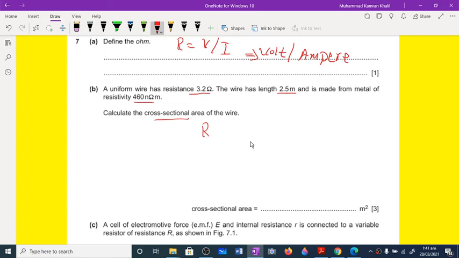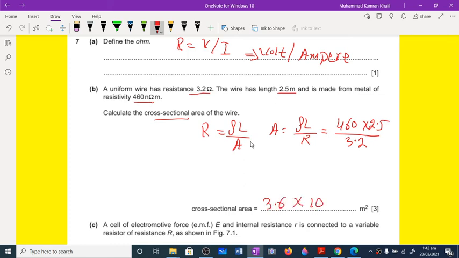Formula: R equal to rho L over A. So A equals rho L over R. Substitute the values: 460 into 2.5 upon the value of R, which is 3.2, and at the end you will get the answer in 2 SF as 3.6 into 10 power minus 7.